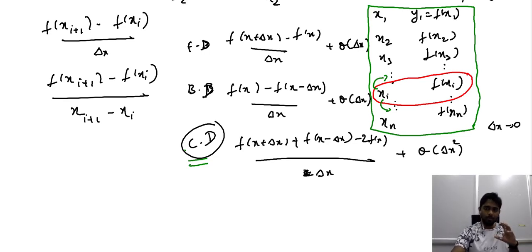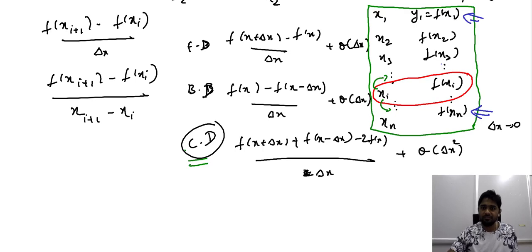However, there is a problem associated with using the central difference scheme for this data set. That problem is observed when you focus on the first data point and the last data point, x1 and xn, where x1 is the first data point and xn is the final, terminal data point. For these two points it is not straightforward to use the central difference scheme.